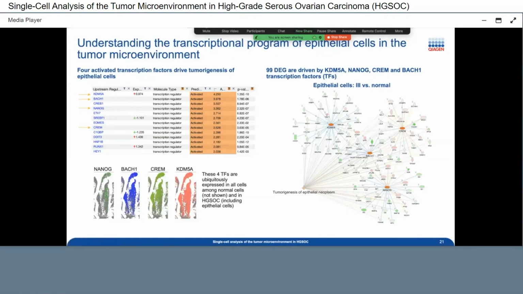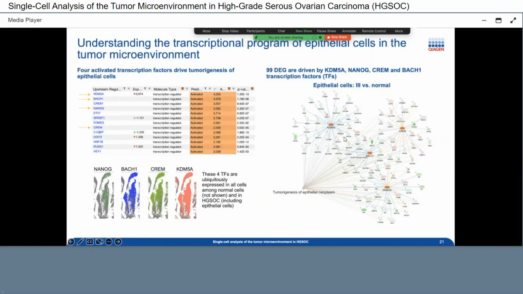And now what I can do using that is I can click, it's a very simple system. You click all of that and you display one network that encompasses all these 4 transcription factors. They are there, all of them, NANOG, BAC1, CREM, and KDM5A. They are all predicted to be activated. The color is orange. And what we have done here, we have put the network in with the molecules that are associated downstream of each of these particular transcription factors.